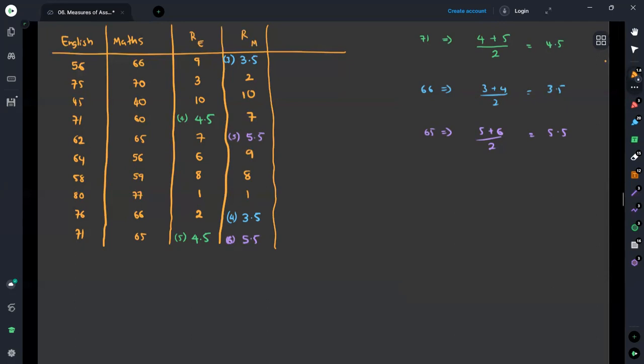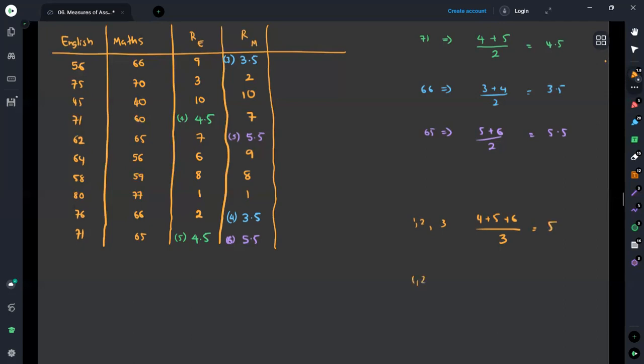Suppose that you are having 3 ties and they would have got ranks 4, 5 and 6. Then here also we need to take the average of 4 plus 5 plus 6. Suppose that we had rankings 1, 2, 3, 4 and we had the 3 ties. Then we take the average, which is 5.